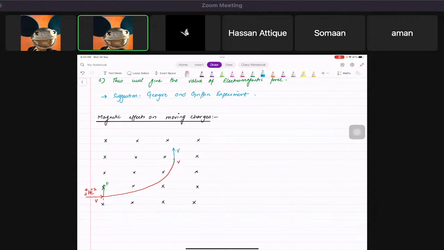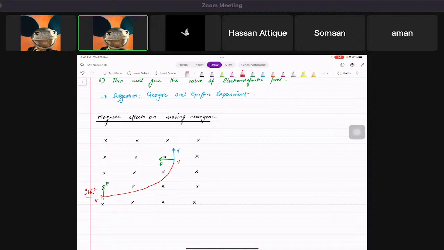Do you guys agree? Now, use Fleming's left hand rule again. Your index finger towards the screen, the middle finger going up because the velocity is up, and you'd realize that the force is acting towards this point. Do you guys agree? Yes, sir.